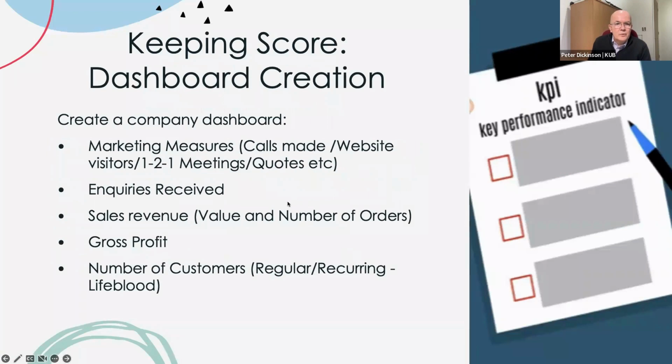So here are some of the things we're going to be thinking about: what marketing measures to put in place. That's calls made, websites. It's surprising. We asked a client we're working with at the moment what response they got from their direct mail, and they said, we don't know. So you've not used QR codes, you've not used a different telephone number, you've not used a different page on your website.